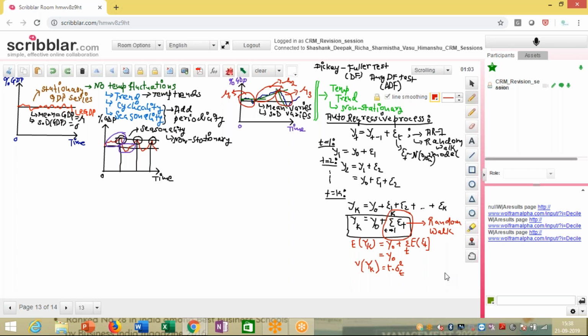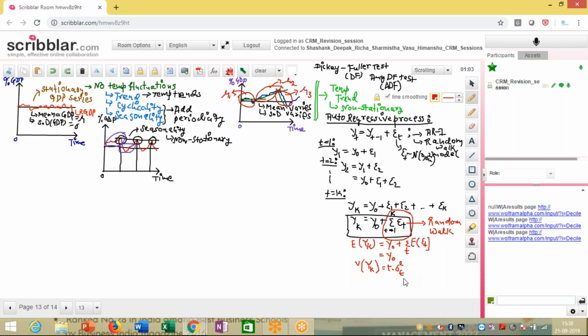If you do the calculation of the variance, you get this formula: the expected value of yk minus the expected value, whole square. So y0 cancels out, so this becomes et square, the variance sigma square e, and t times this, so it's t sigma square e.